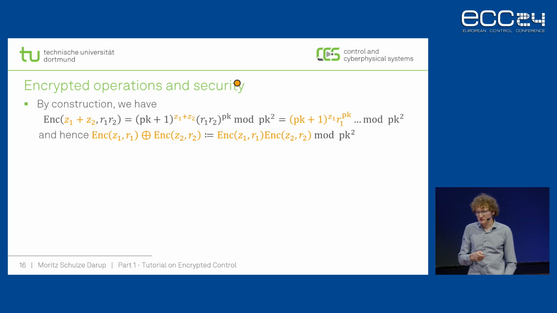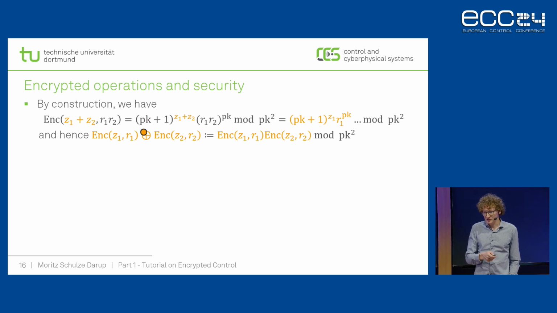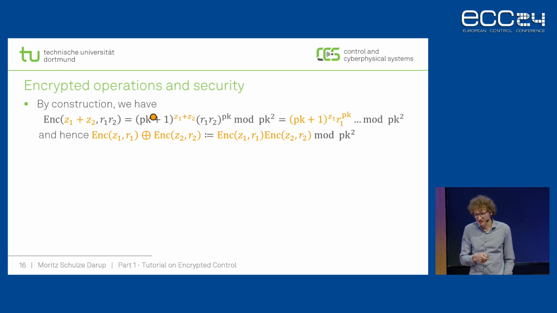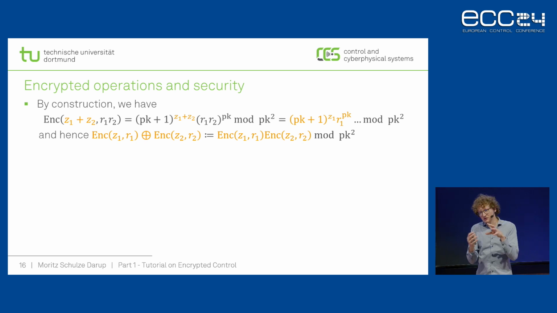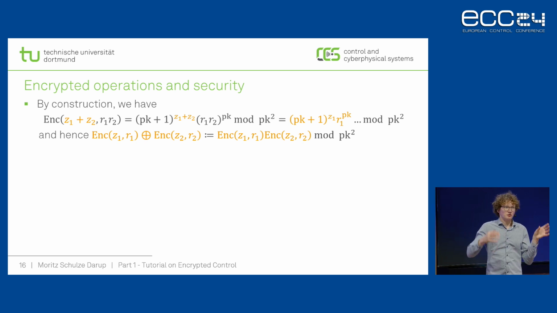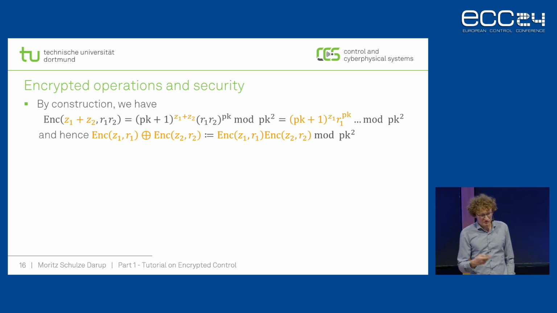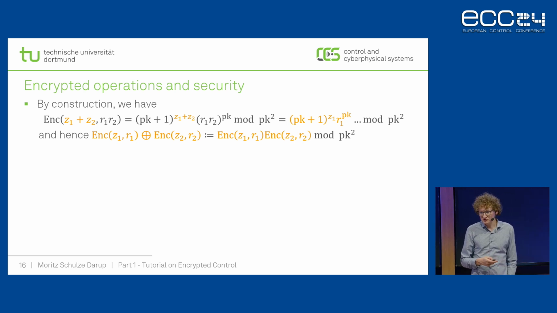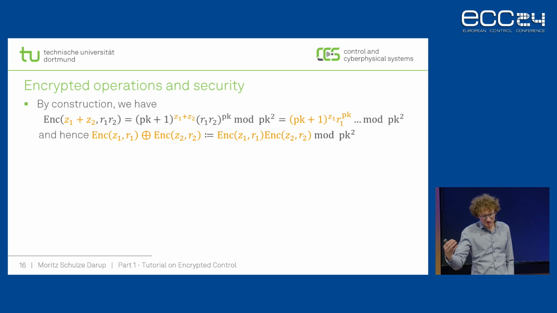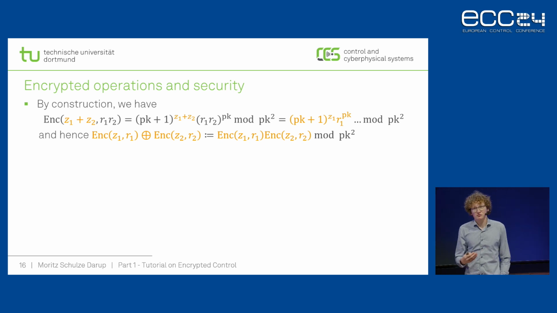That is, in fact, how this O plus operation is realized here. So it's not general, it's specific to the scheme. Here, the encrypted addition refers to a multiplication of the ciphertexts. And that's it in the end. So we now have our O plus operation. However, with only additions, it might seem very hard to encrypt controllers, and that is indeed the case.